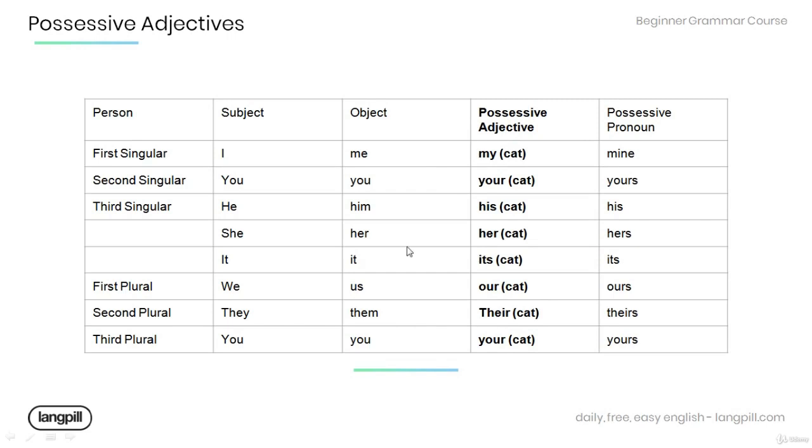Possessive adjective, their cat. Possessive pronoun, theirs. Third person plural. Subject, you. Object, you. Possessive adjective, your cat. Possessive pronoun, yours.